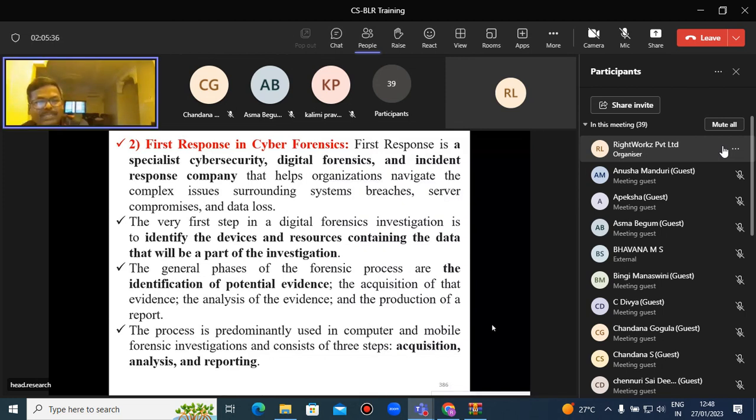The very first step in a digital forensics investigation is to identify the devices and resources containing the data that will be a part of the investigation.